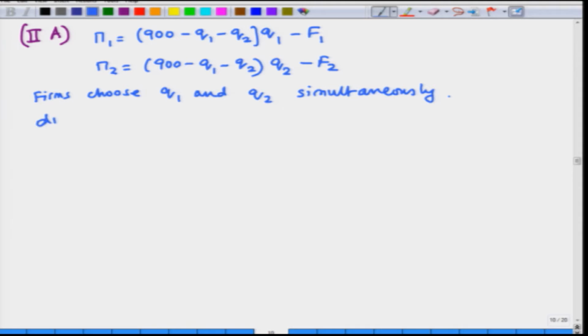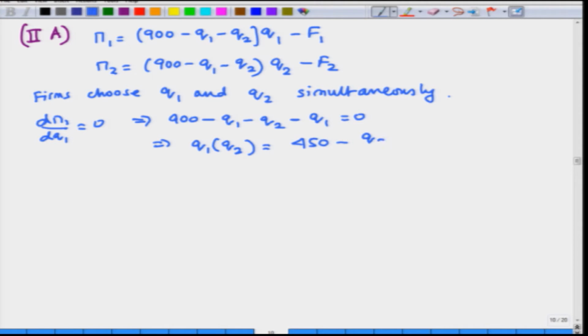So, in other words, if I set d pi 1 dq1 equal to 0, to solve for the best response function of firm 1, we would have 900 minus q1 minus q2 plus q1 times the derivative of the first term, which would give me a minus q1. So, that essentially means q1 as a function of q2 is 450 minus q2 by 2.